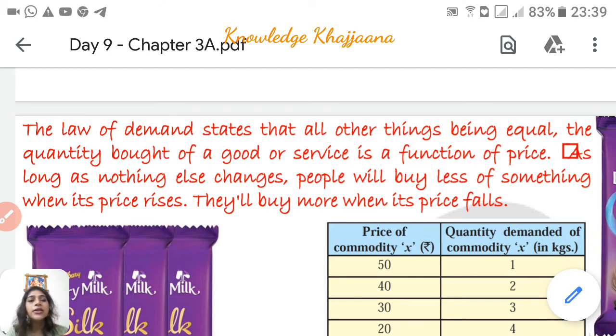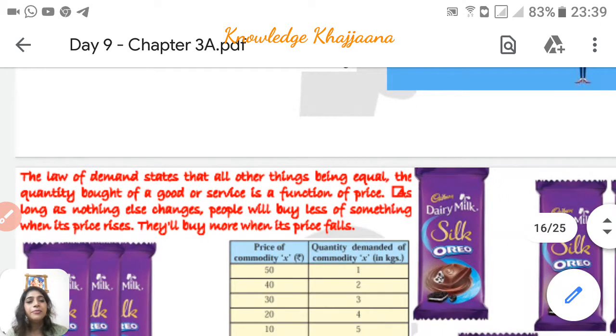As long as nothing else changes, people will buy less of something when its price rises, and people will buy more of something when its price declines. They will buy more when its price falls. Agree?